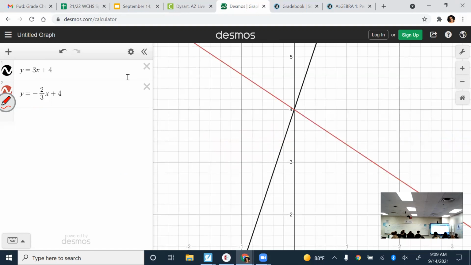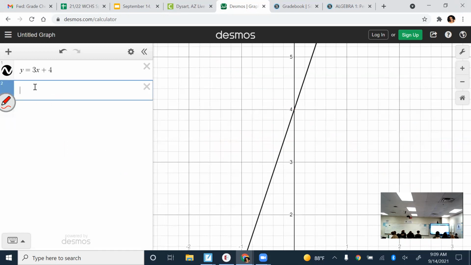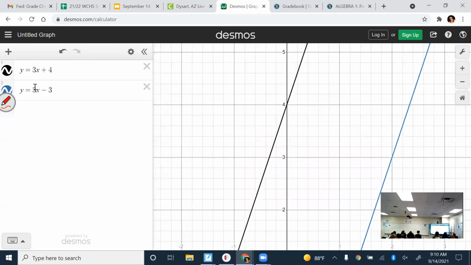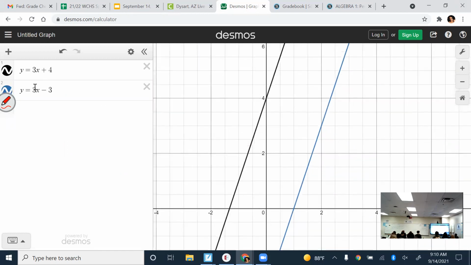All right, then if I have to compare it to a different line, let's say it's y equals 3x minus 3. All right, they look parallel, don't they? To tell for sure, look at your slopes. So look at your numbers in front of the x. Parallel lines, what is their slope?